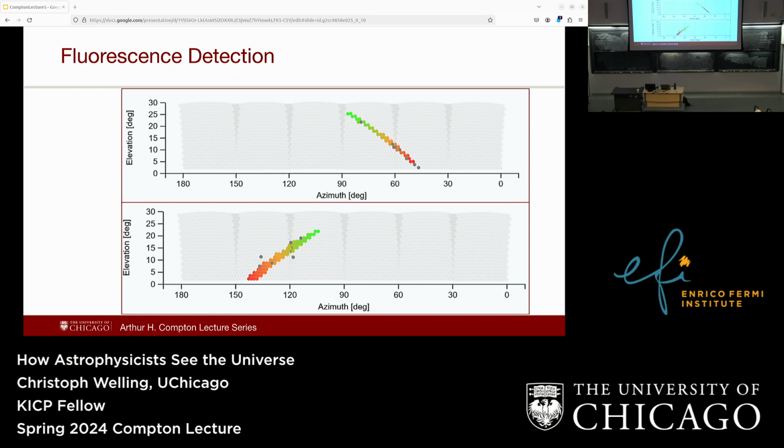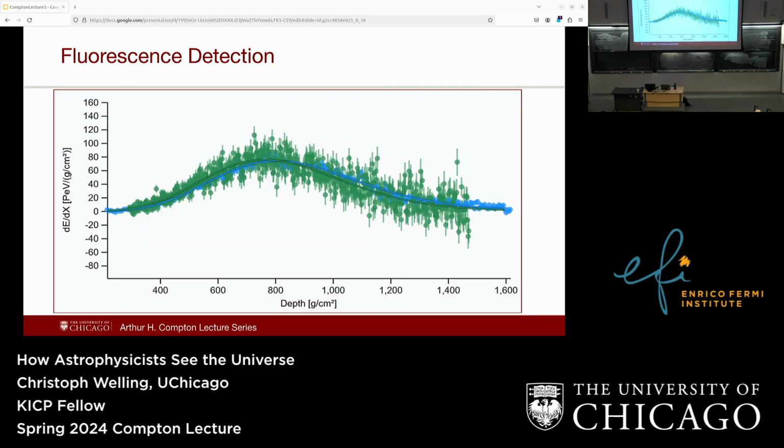Now, as I said, the problem with these is that they only work on really dark nights, about 15% of the time. What you can calculate then is at what position along the shower how much energy was dumped into the atmosphere. You usually write this down in these weird units that tell you how much atmosphere was crossed, because that explains the shower much better.